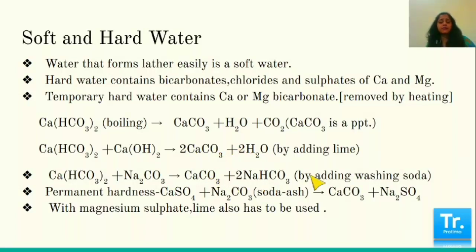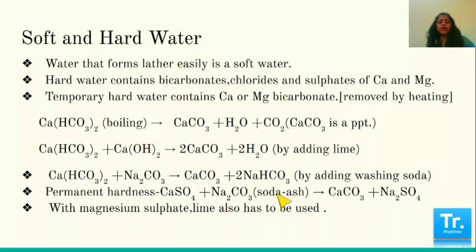And one more method is by using washing soda, that is sodium carbonate. So you get calcium carbonate and sodium bicarbonate, and the precipitate is filtered out. As I said, soft water is the one which lathers easily. It contains sodium salt, which is safe to use. Then we have the method to remove permanent hardness, that is also by using soda ash, that is washing soda.